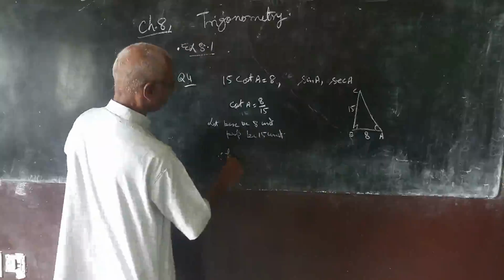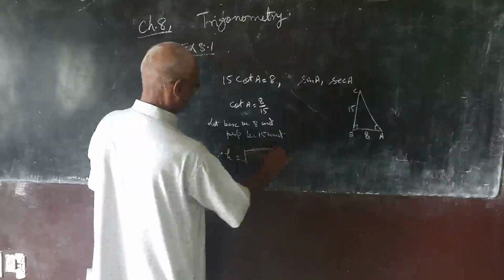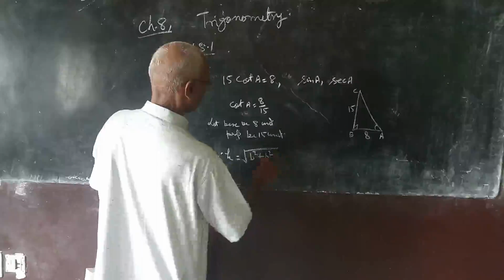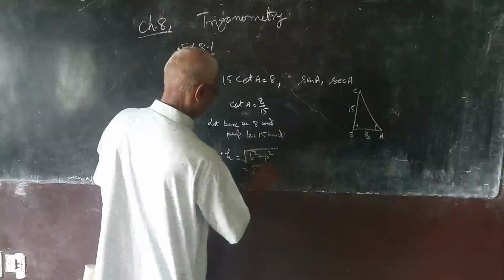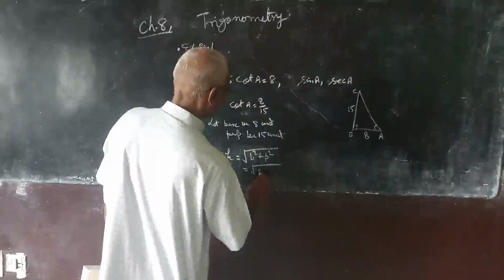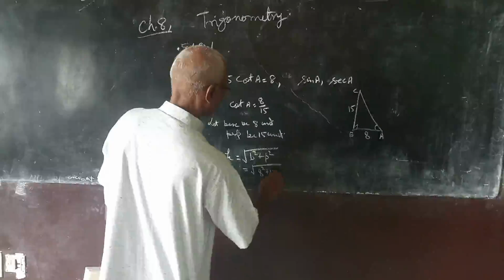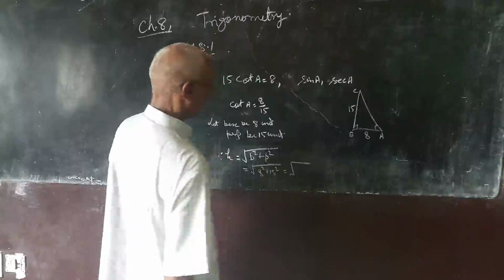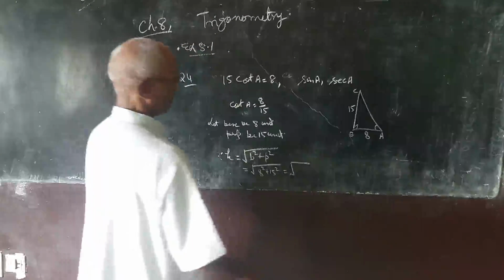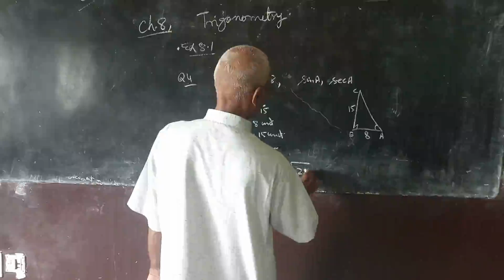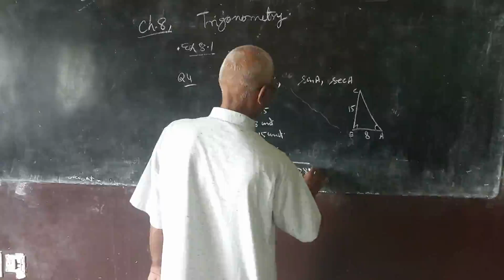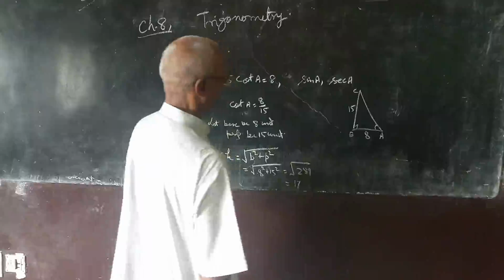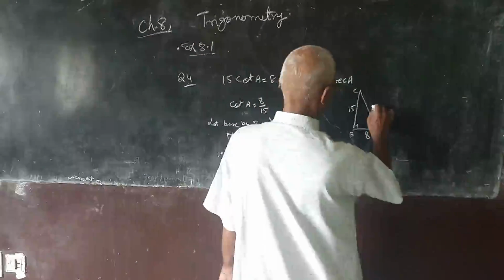Therefore hypotenuse is equal to the square root of base square plus perpendicular square, which is 8 square plus 15 square. 8 square is 64, 15 square is 225. If both are added, it comes to 289, whose square root is 17. So it becomes 17 units.